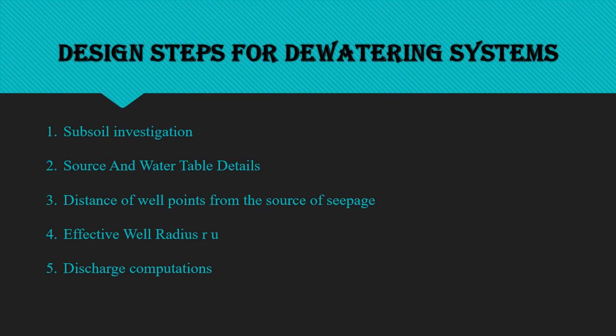So, these are the 5 steps involved in the design of a dewatering system. First step is subsoil investigation. Second step is the identification of sources and collection of water table details. Third step, distance of well points from the source of seepage is fixed, and then the effective well radius r_w is calculated, and after that the discharge is computed.